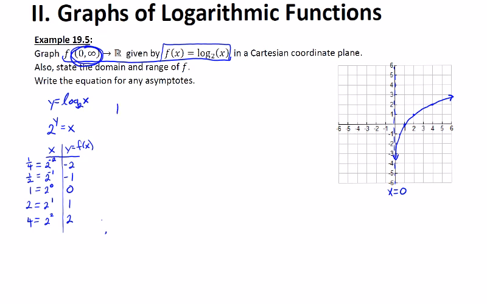So let's write down the domain for f is going to be from 0 to infinity, and the range of f is going to end up being all real numbers, which is just the exact opposite of what we had when we dealt with exponentials. The only asymptote we have here is a vertical asymptote located at x equals 0.